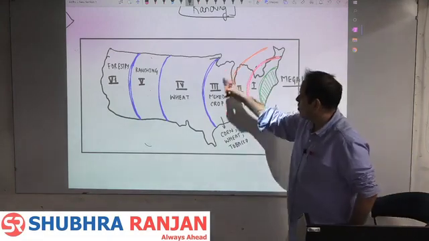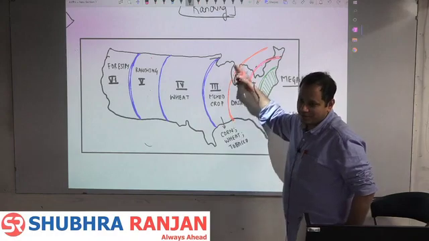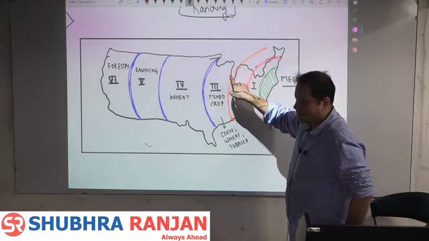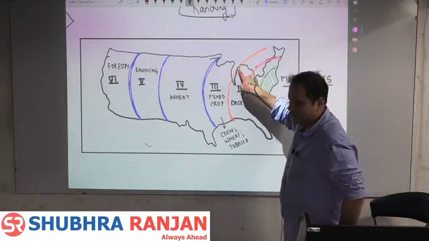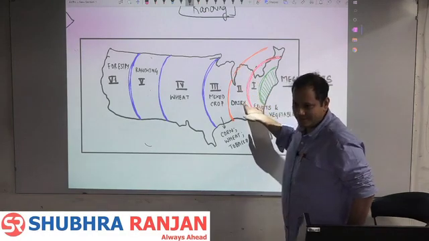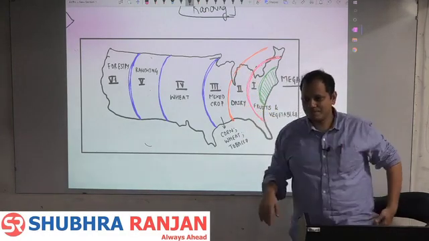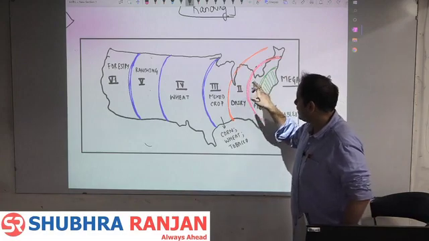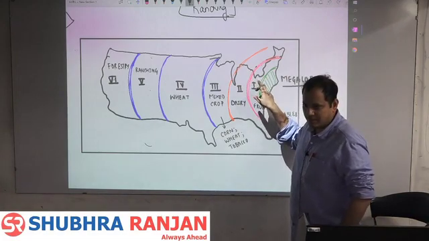Chicago, famous for beef, the largest beef center, यहाँ located है. Milwaukee, famous for milk. Detroit will be here. This.